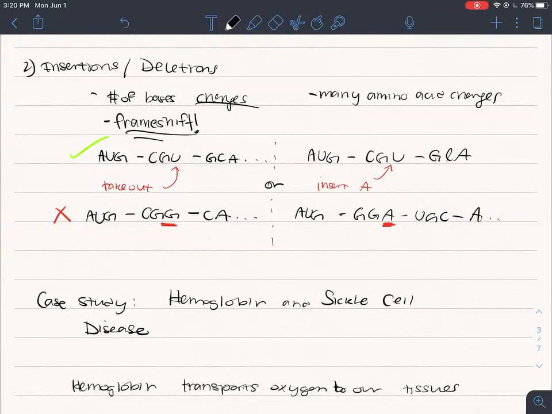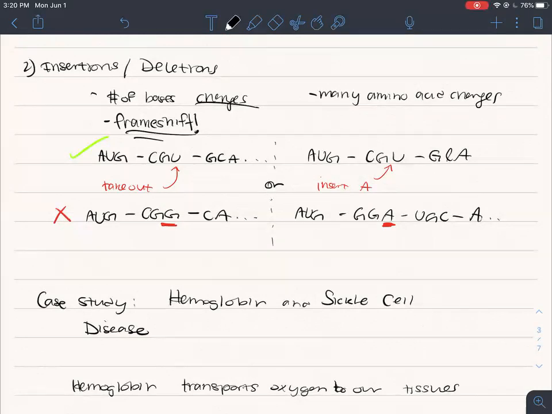You can see an example here. Just by inserting or deleting one, you're changing the way that you're reading the genetic material, and so the codons change. What you originally wanted in your protein is probably not going to be the same as what you get with a mutation. It could be fine halfway, but then all of a sudden it'll just change.